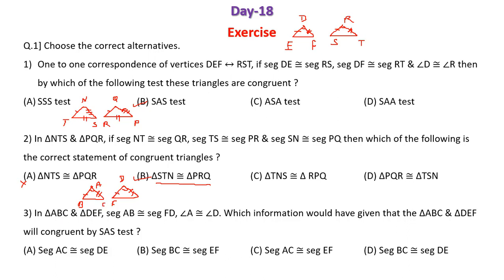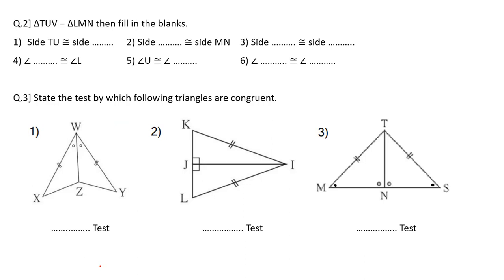ABC and DEF, DF. So here we write E. So another is AC is congruent to DE. We look here and this is our answer. In this way we solve all these things.